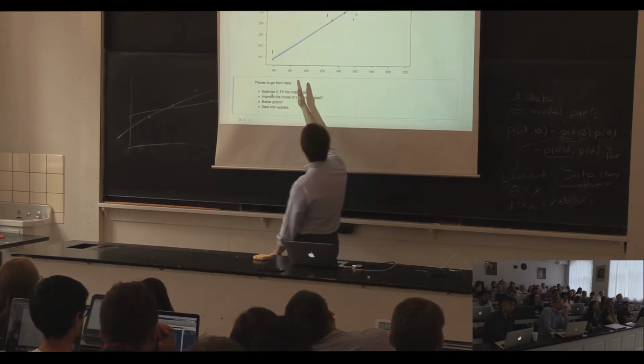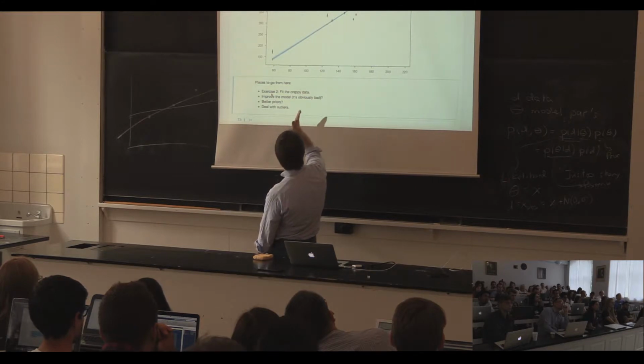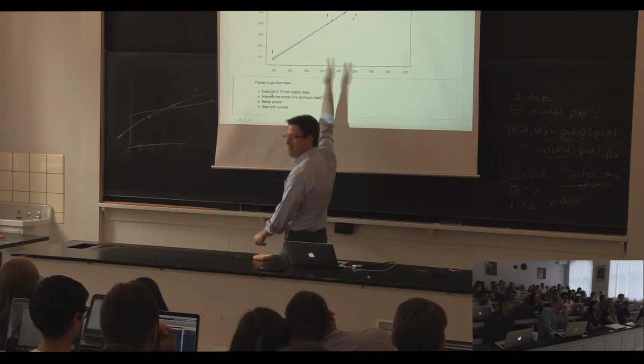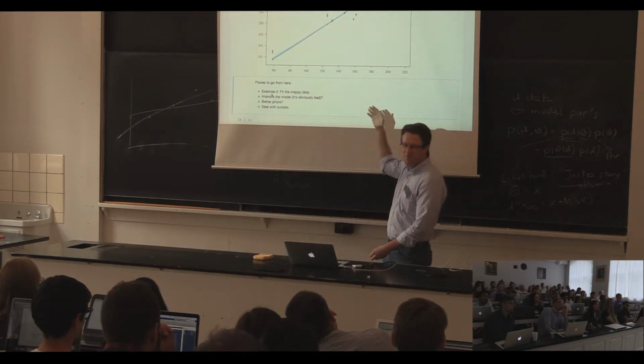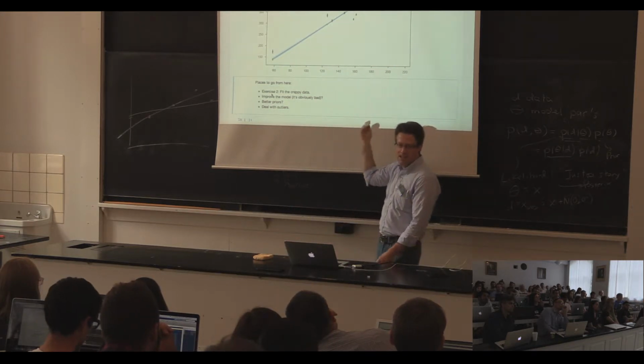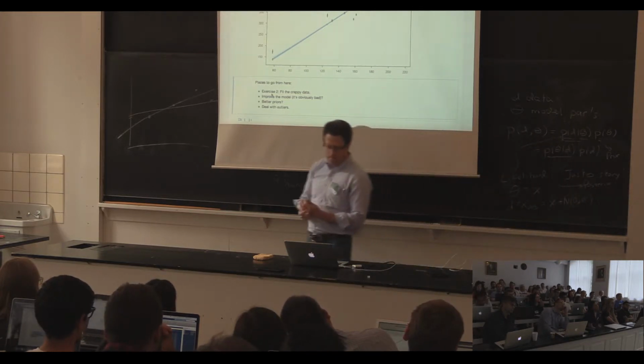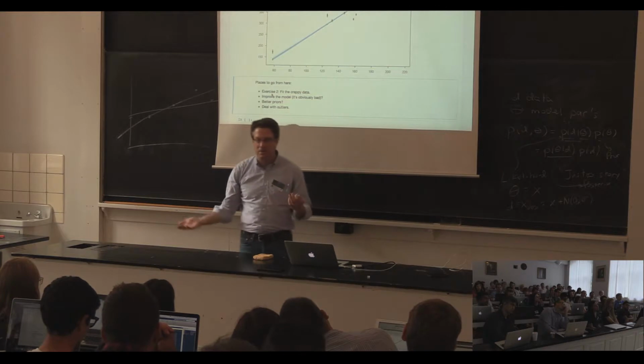So that prior puts a lot of weight on lines that are almost vertical sloping up and almost vertical sloping down. That's probably not what you actually think lines do. So we could fix that. And then after we fit the crappy data, we could deal with outliers.